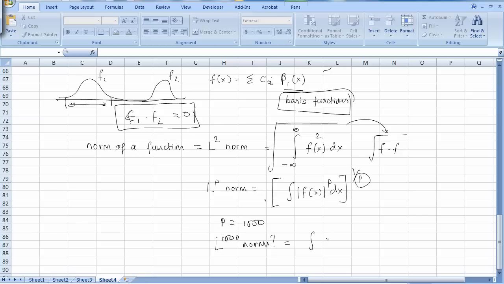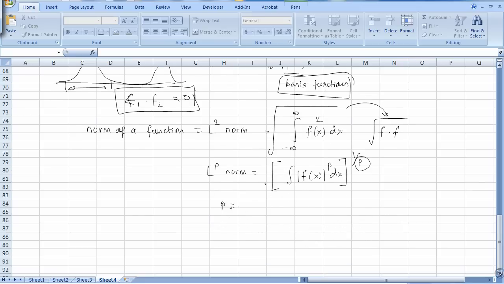It equals the integral of f of x to the 1000 dx, to the power 1 over 1000. Notice what happens here. The places where f of x is pretty small will not contribute anything, but places where f of x is maximum will contribute a lot.